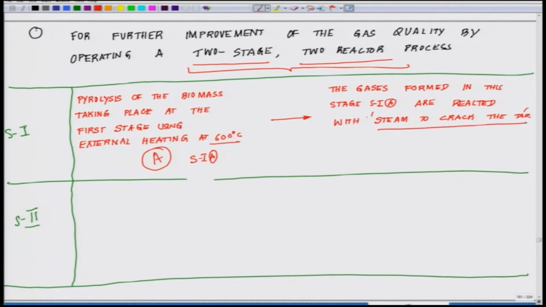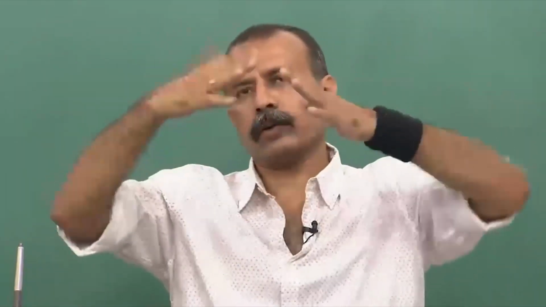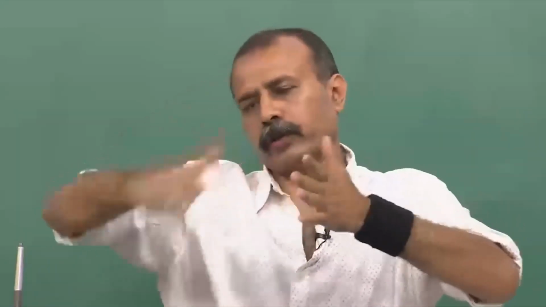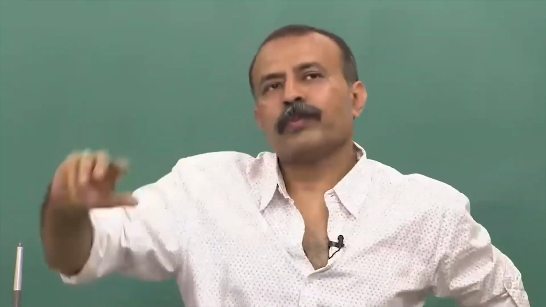So, what you did, you took the raw material, externally you pyrolyzed it, lack of oxygen. So, you could create a lot of cracks all over the structure, a lot of rearrangement. After this rearrangement, the gas which is getting liberated consists of a lot of tar. So, you pass high steam through it at very high temperature.